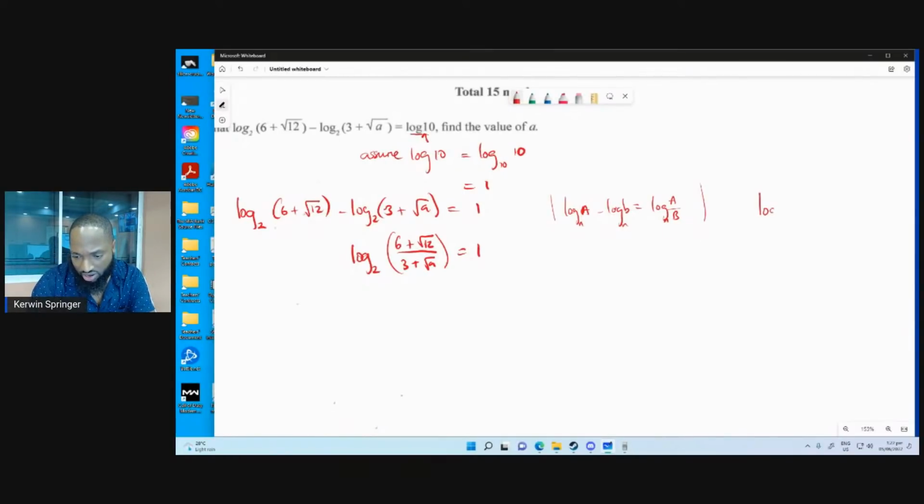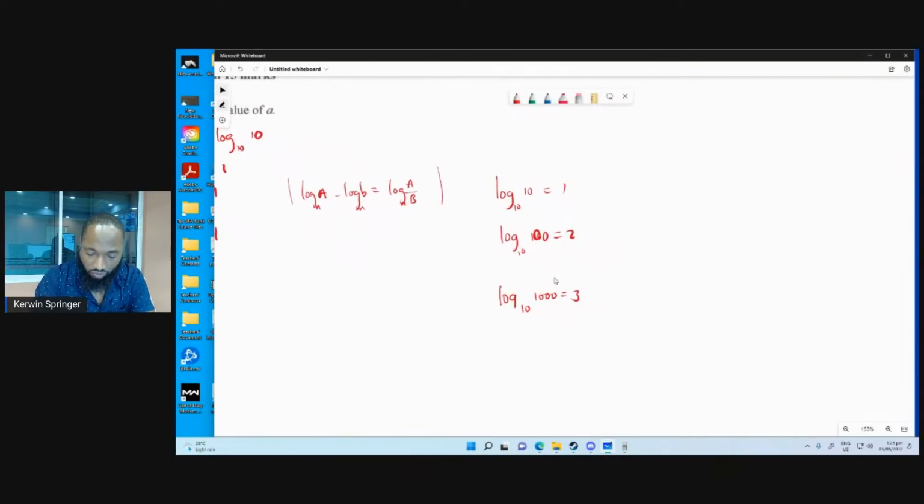Like the log to the base 10 of 10 is 1, of 100 is 2, of 1000 is 3. Reviewing some logs as they pop up, 10 to the power of 1 is 10. By the way, 10 to the power of 0 is 1, and 10 to the power of 2 is 100.